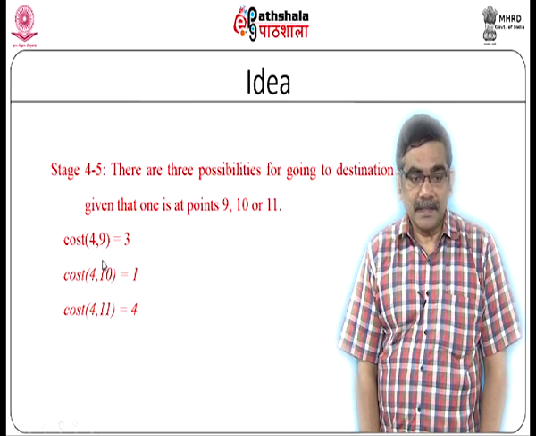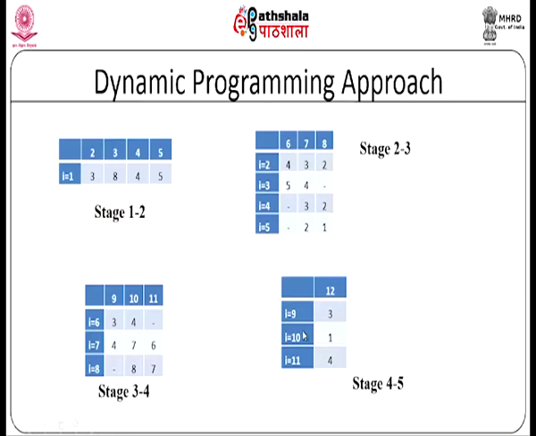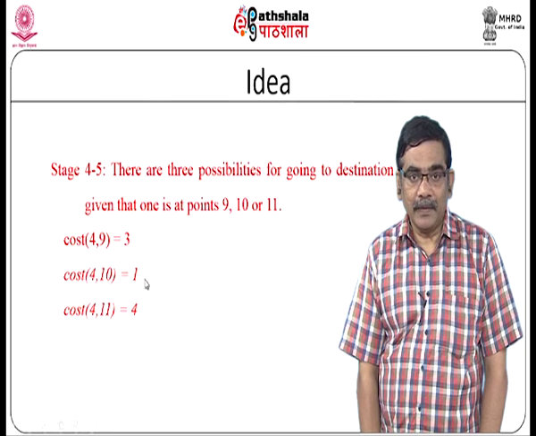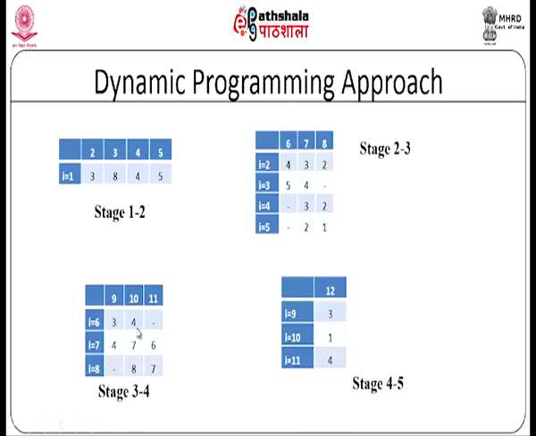Your cost is given in the previous table. For stage 4, the cost between 9 and 12 is 3, 4 comma 10 is 1, and 4 comma 11 is 4.